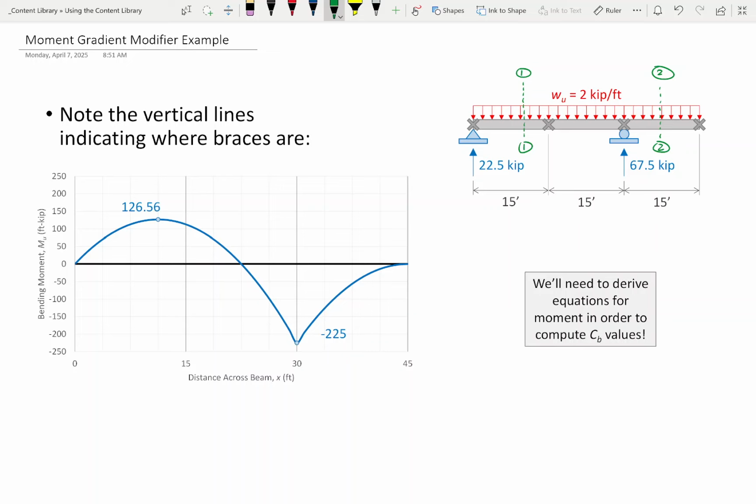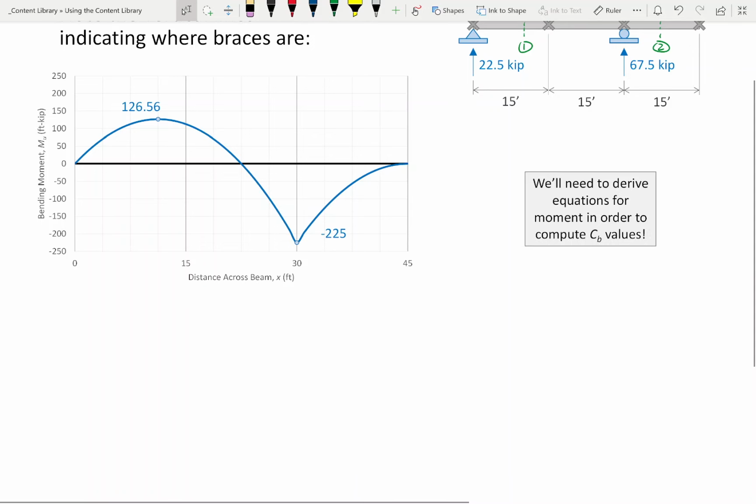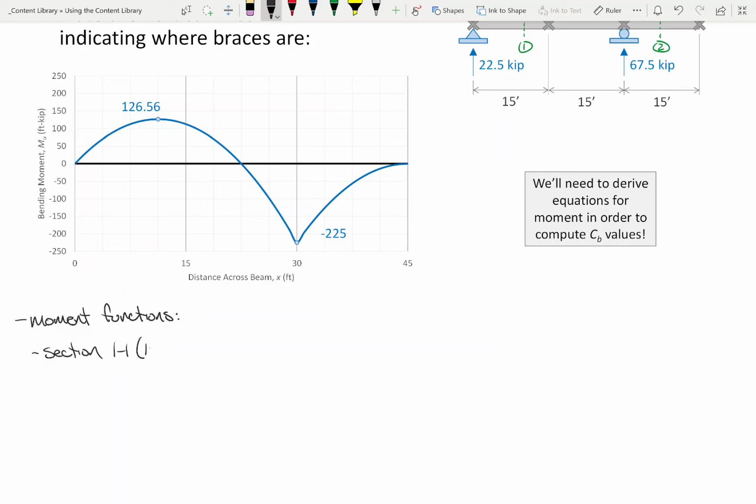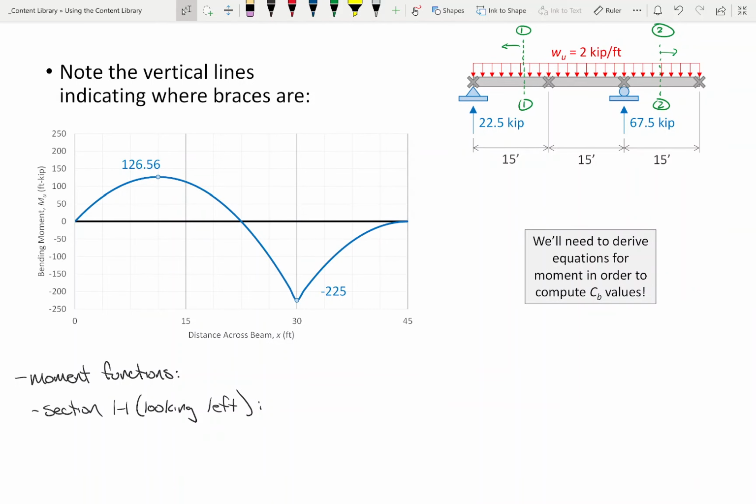Now, if I'm cutting a section 1-1, which do you think is the easiest way to look, left or right? Left. So we'll look left here. How about section 2-2? Right. All right, so what do we see when we look to the left?